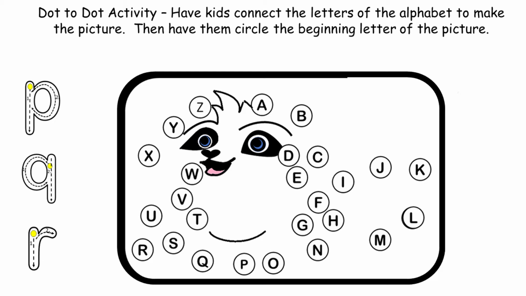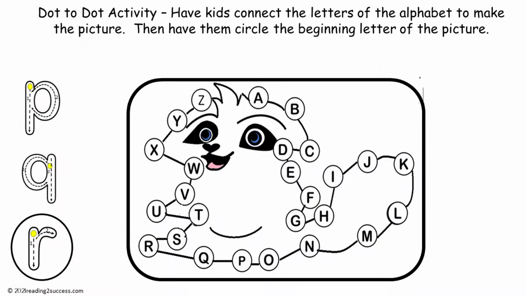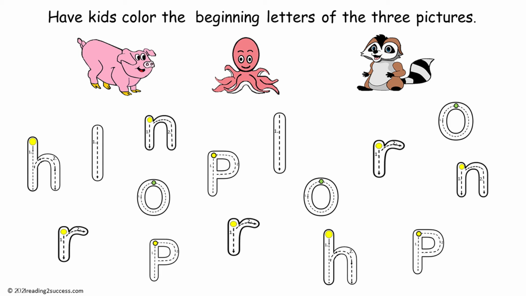This is the practice page for the activity. And this is a completed example, and now kids can color the raccoon. Now have kids color the beginning letters of the three pictures, pig, octopus, and raccoon. And this is a completed activity.